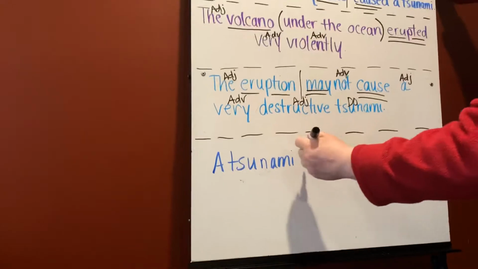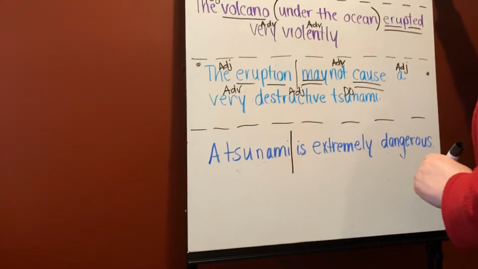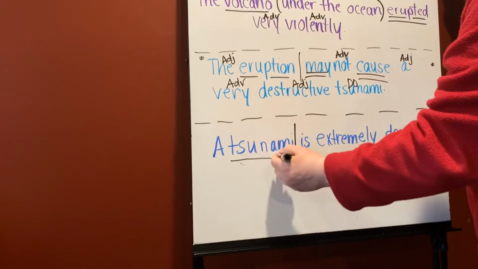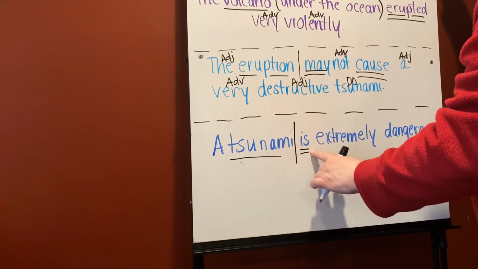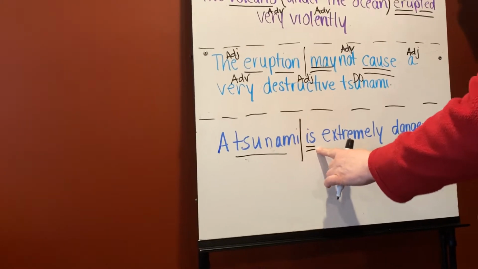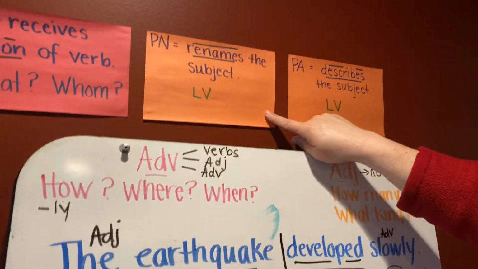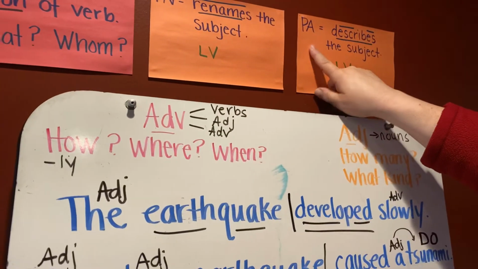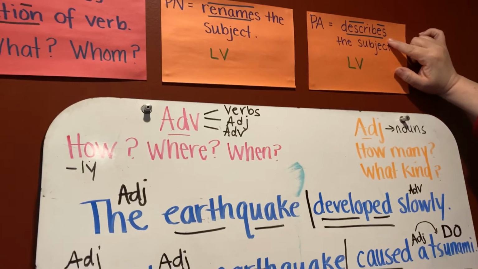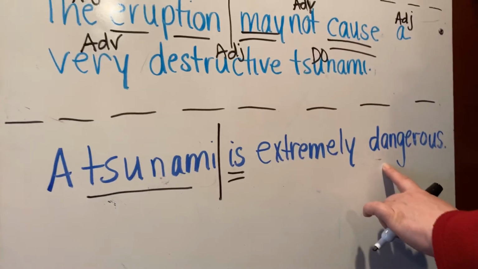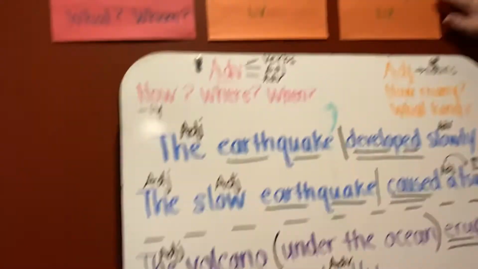Let's split our sentence right there. Tsunami is our subject. Is a linking verb. So when we have a linking verb, we know we're going to either have a PN, which is going to rename the subject, or a PA, which describes the subject. Tsunami is dangerous. Does dangerous rename or describe?